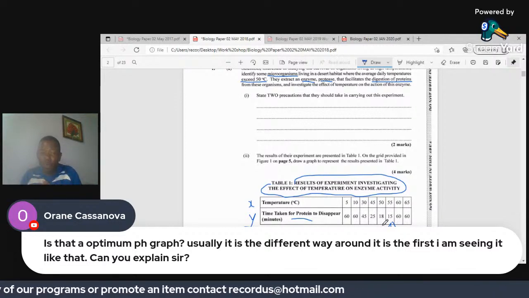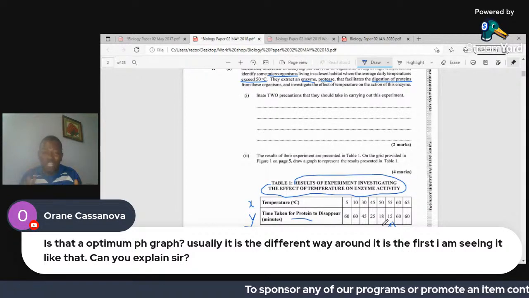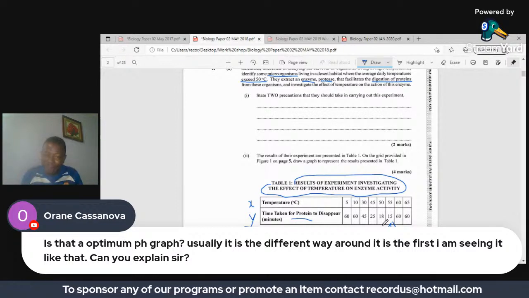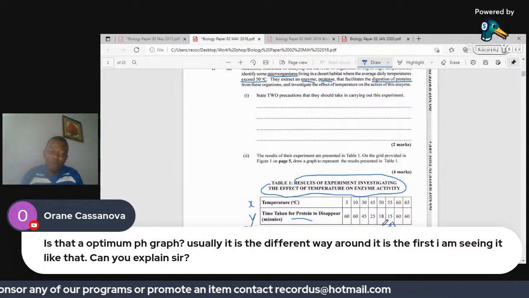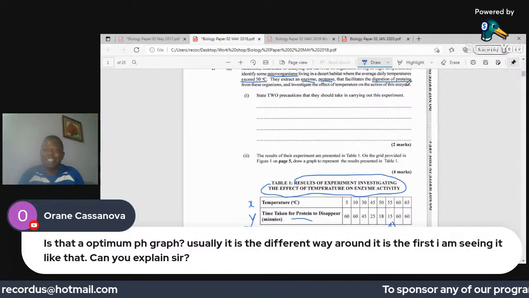So the first thing we want to identify, what is our objective here? The objective is to determine what temperature will affect the enzyme, and at what temperature the enzyme will work best. Now, the objective of the enzyme working best here is to digest, and it said it right up here, to digest the protein.